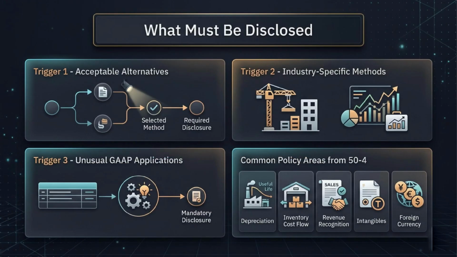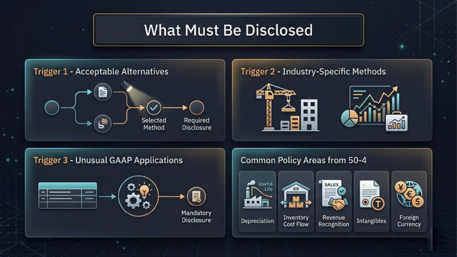So, what must be disclosed? The first trigger is selection from acceptable alternatives. If GAAP allows more than one method and management chooses one, users need to know that choice. The second trigger is industry-specific accounting. Some industries have specialized accounting methods, and general users may not automatically understand them. The third trigger is a unique or unusual application of GAAP.